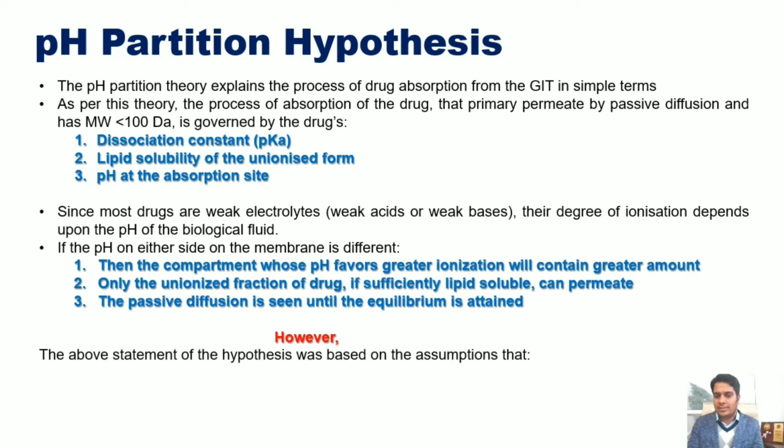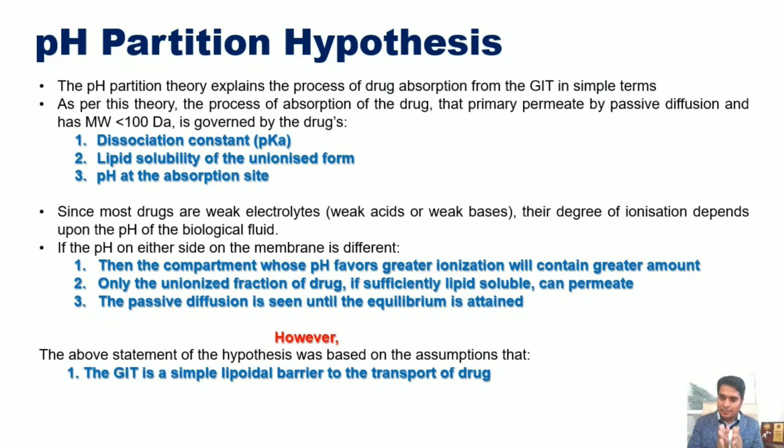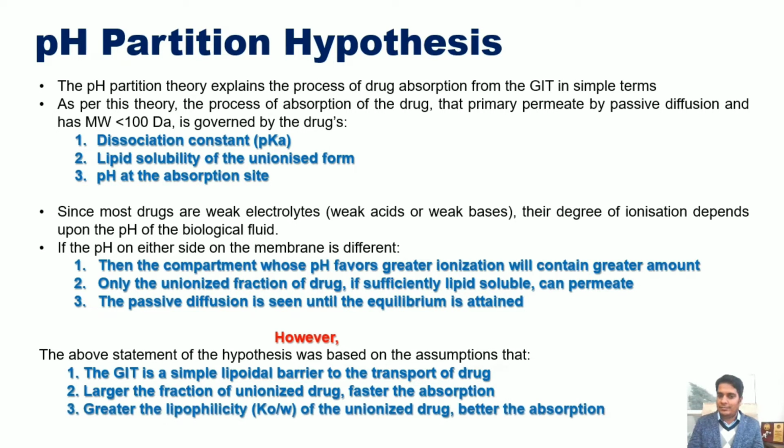the above statement of the hypothesis was based on the assumption that the GI tract is a simple lipoidal barrier to the transport of the drug. The other factors related to the GI tract are not considered in this theory. The larger the fraction of the unionized drug, the faster will be the absorption rate. And the greater the lipophilicity of the unionized form of the drug, the better will be the absorption.